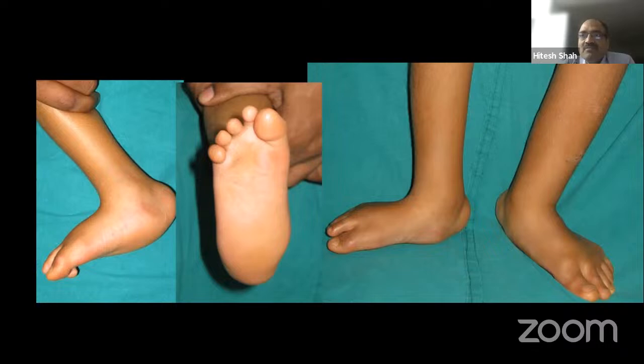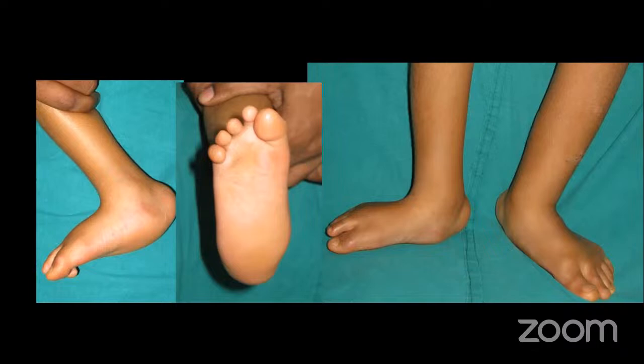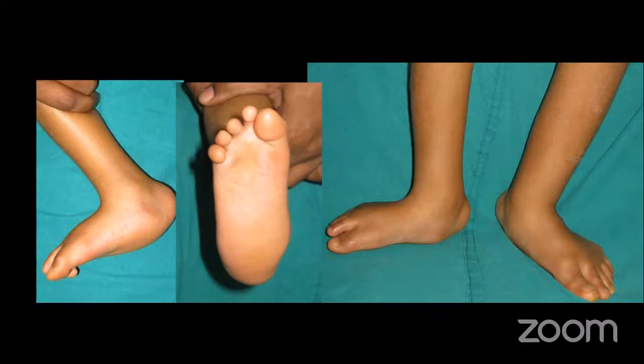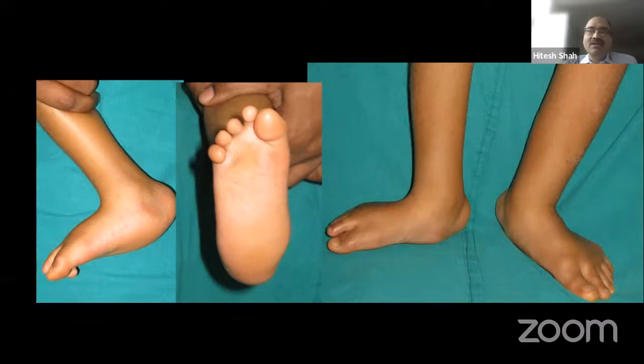The subluxation may reduce in a specific position. What is that position? Forced plantar flexion. Yes. With forced plantar flexion and inversion, if the talus head is not prominent on the plantar and medial aspect, that is characteristic of the oblique talus.